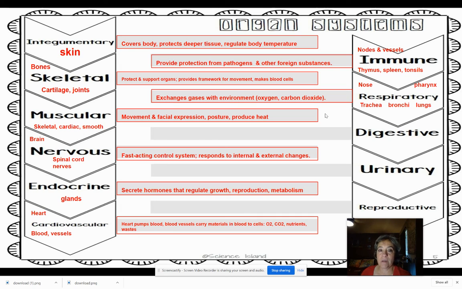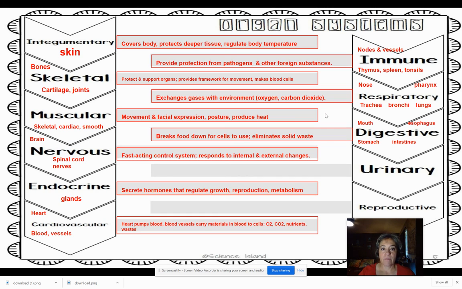The function is to exchange gases with the environment, carbon dioxide and oxygen specifically. Digestive system: mouth, esophagus, stomach, intestines. The function of that system is to break down food for your cells to use and eliminate solid waste.